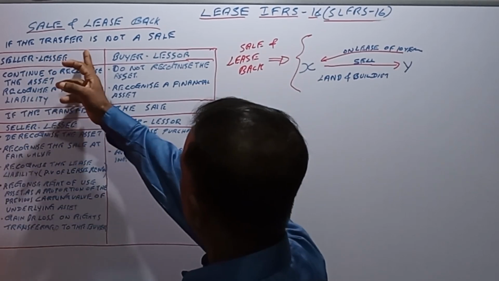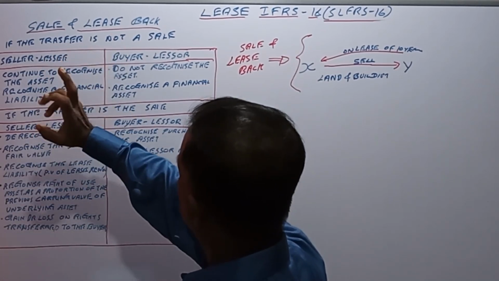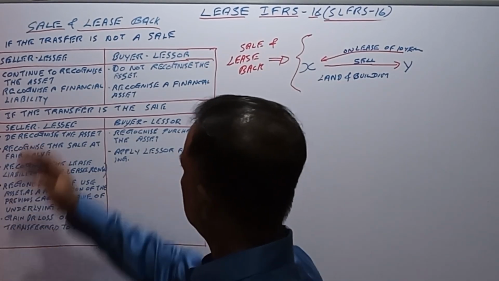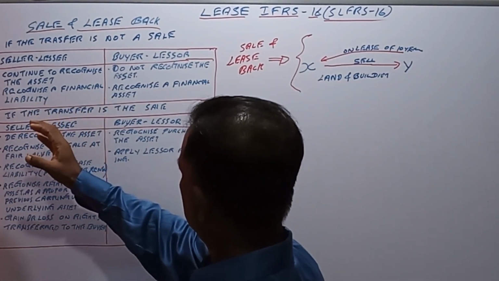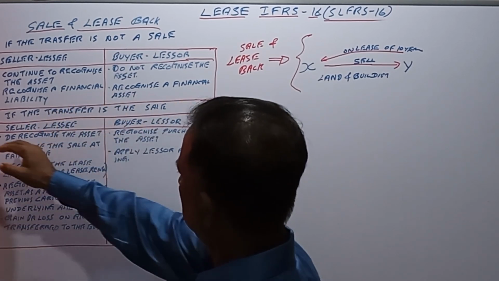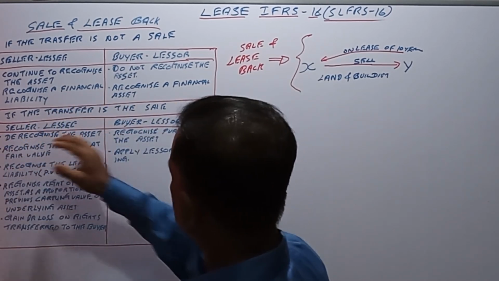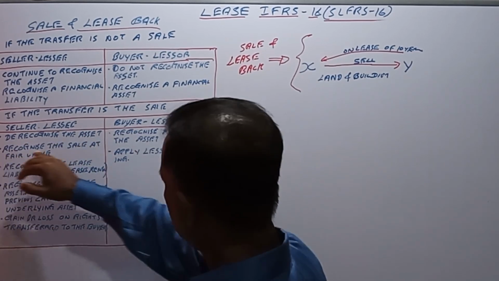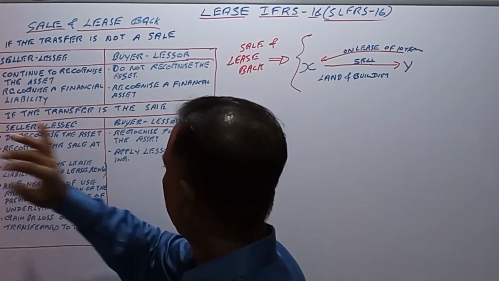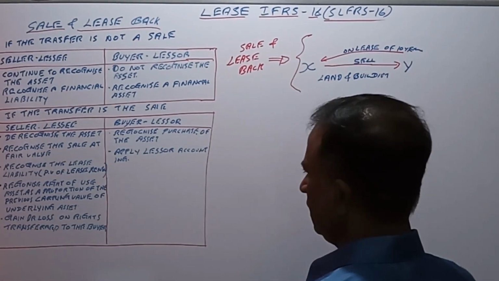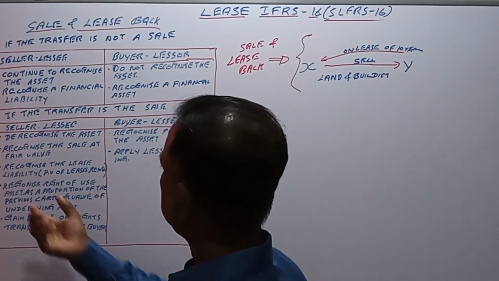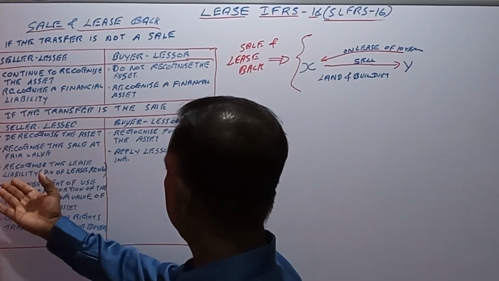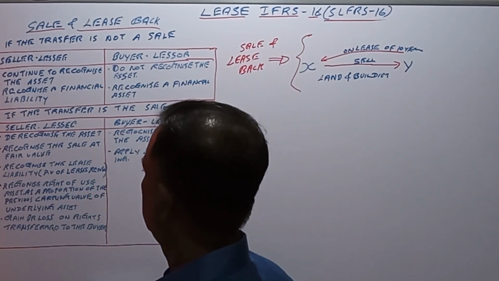If the transfer is not a sale, they just transfer. If the transfer is the sale, first de-recognize the asset. Again, recognize the sale at fair value. Recognize the lease liability at the present value.